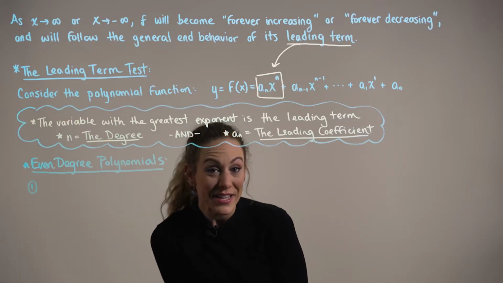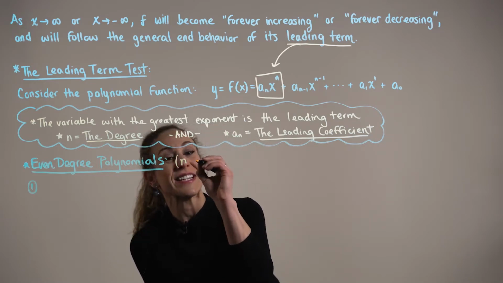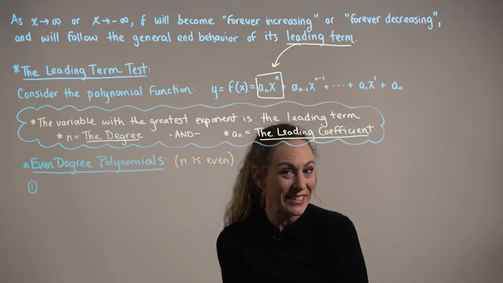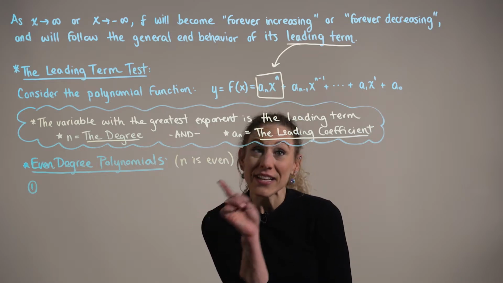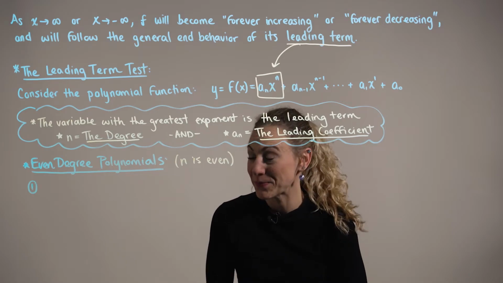So when we're working with even degree polynomials, we can keep in mind that n is even. So powers like 2, 4, 6, 8, and beyond. Now, if n is even, then our leading coefficient can either be positive or negative.